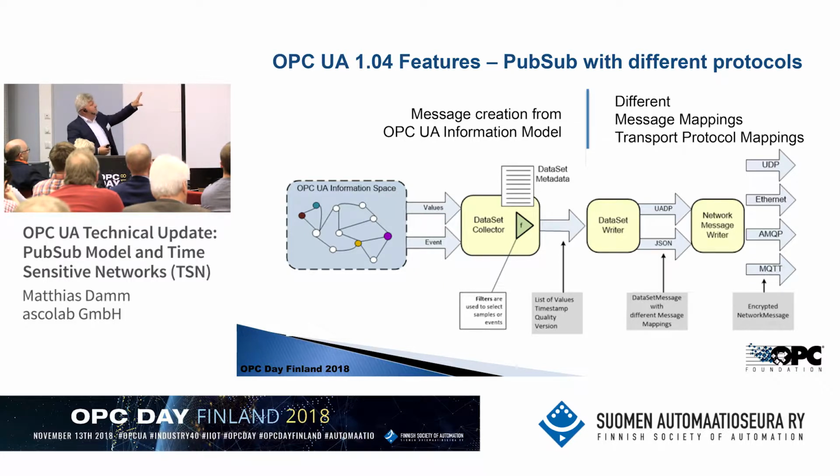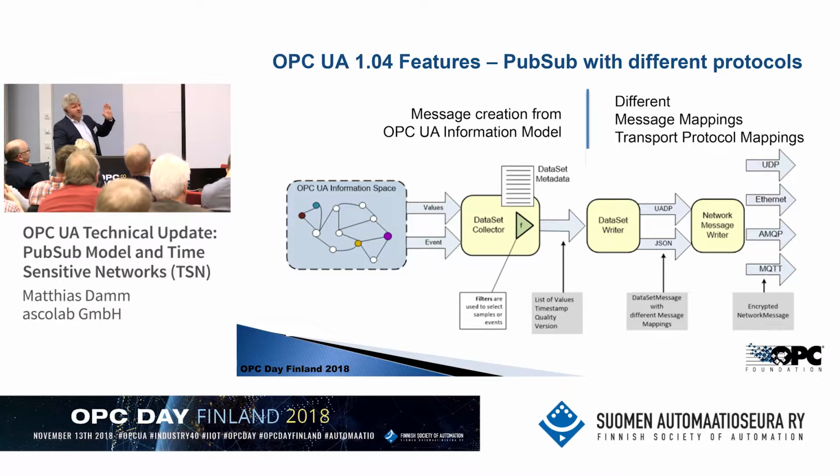So the generic part is how you select variable lists to create what we call a data set, or to select events, to filter for events that create a data set, and to add metadata to such a data set. So a data set is a list of named values, but you maybe want to add a unit or range for the receiver, and this metadata can be exchanged independent of the cyclic exchange of the data set.